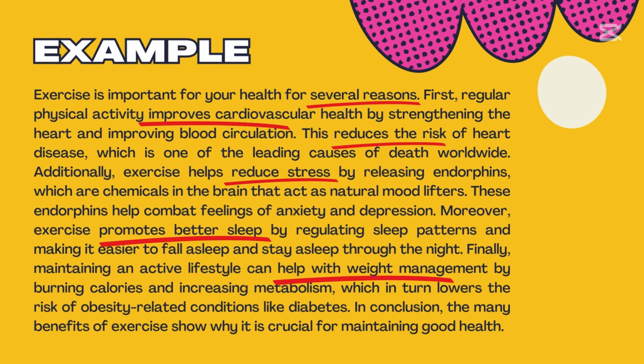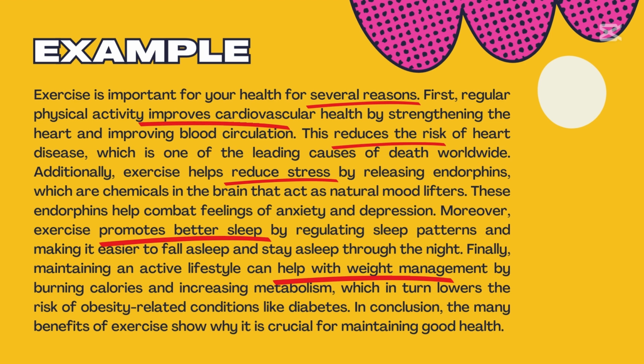And why, let's look back at the first one. The first: regular physical activity improves cardiovascular health by strengthening the heart and improving blood circulation. So the keyword is improve cardiovascular health. This detail explains how exercise affects the heart, making it stronger and healthier, which directly supports the main idea by giving a big health benefit.